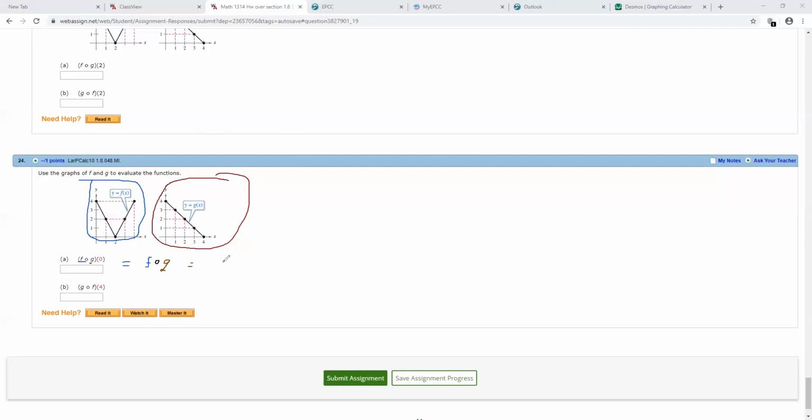So what we do then is this. They do tell us to do this at an x value. This is an x value. So what we do is, I'm trying to find nice words, sorry.